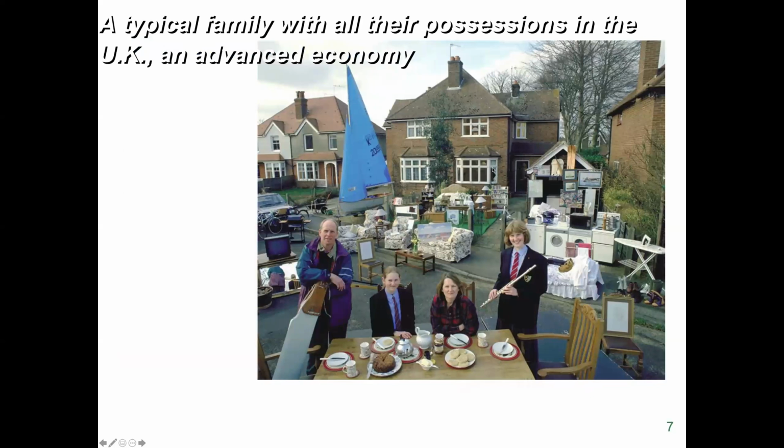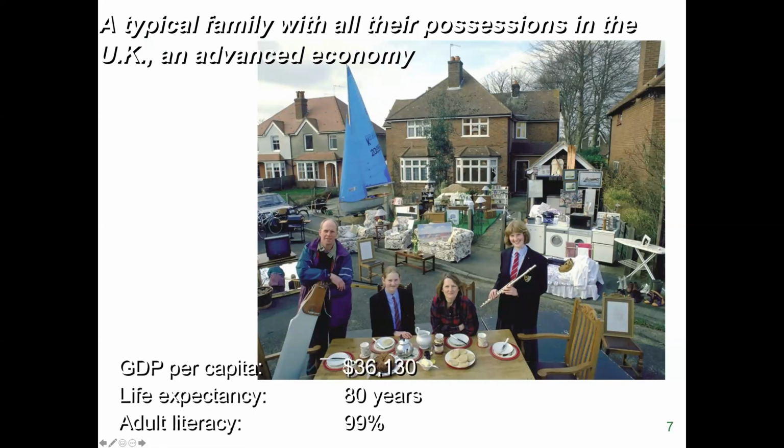Now, I love these pictures that show some of the difference in standards of living. First, we've got a family in the United Kingdom, which is a fairly rich country, and they've got all their stuff displayed.